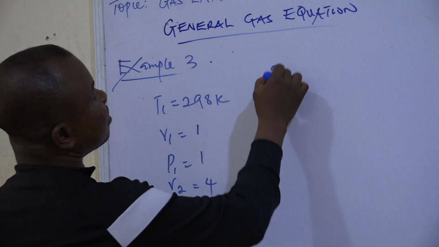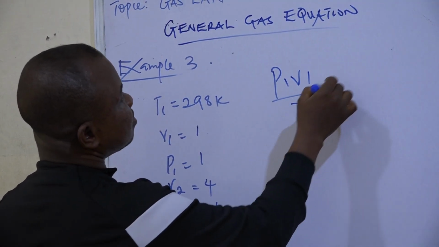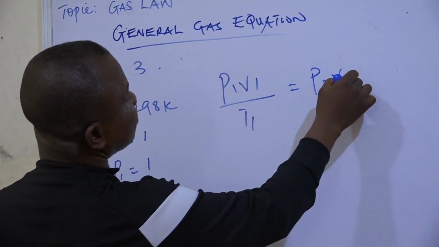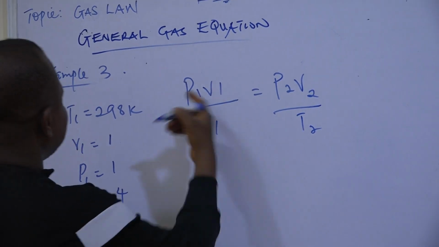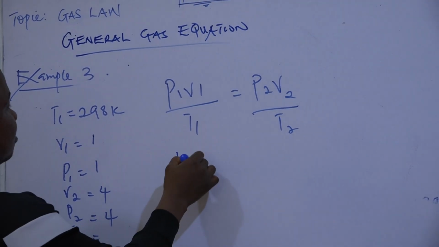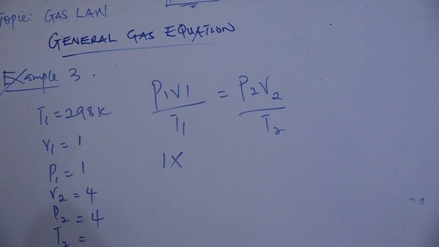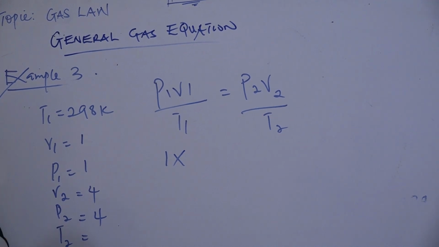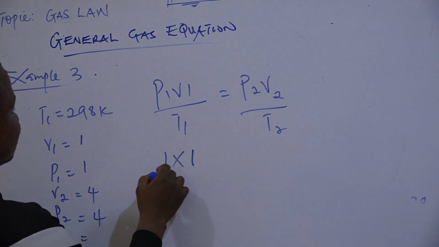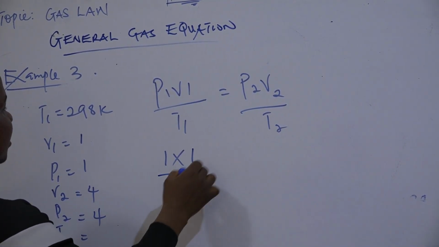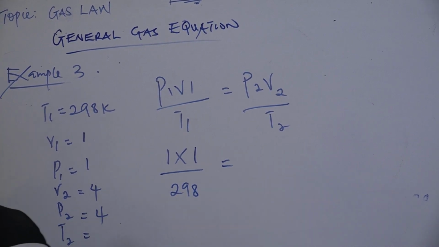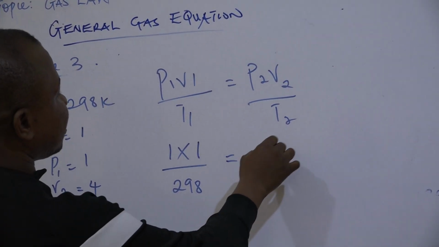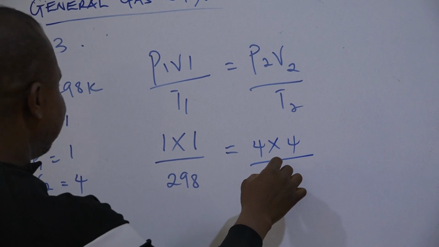So let's use P1 V1 over T1 equals P2 V2 over T2. Our P1 is 1, multiplied by our V1, which is also 1, divided by 298, equals our P2 of 4 and our V2 of 4, divided by T2.